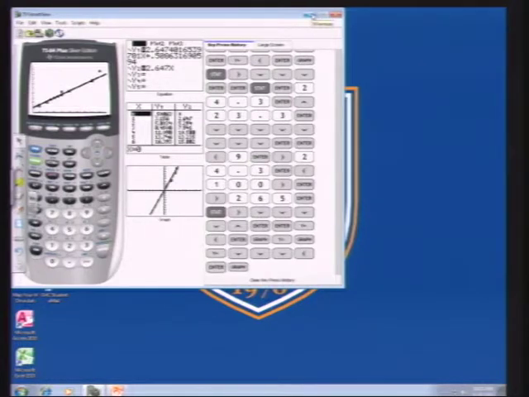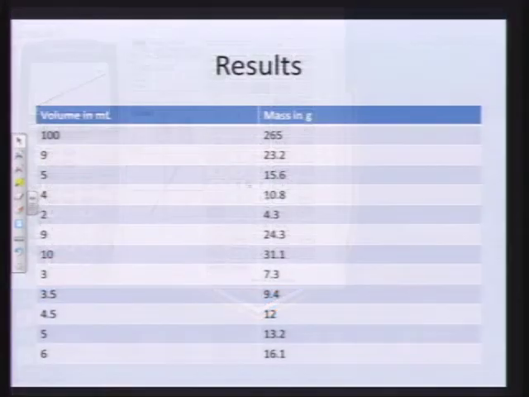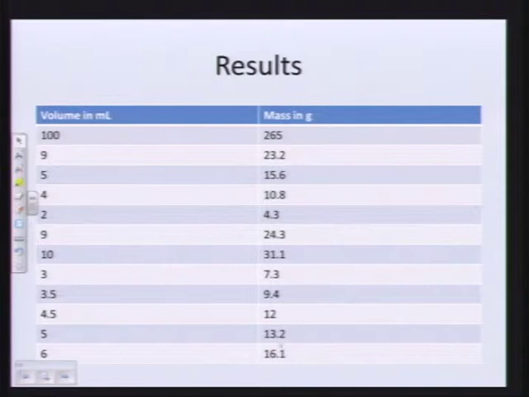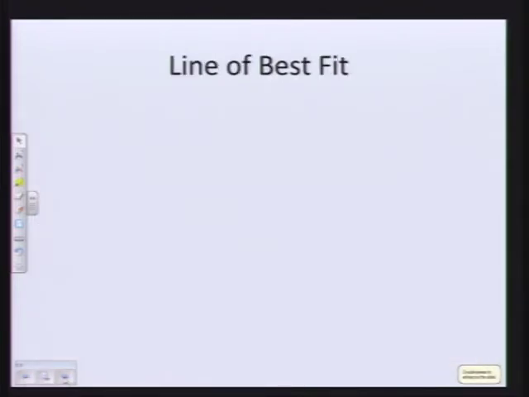So let's go back and look at these results and think again about what that line of best fit meant. We came up with the calculator doing the linear regression to get the line of best fit with y is equal to 2.647x plus 0.51.